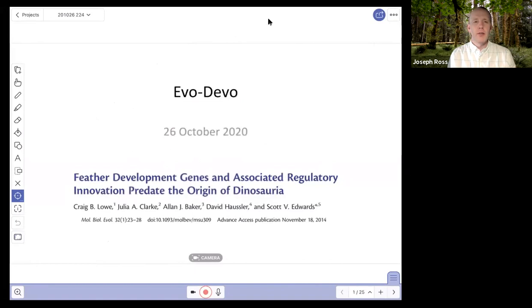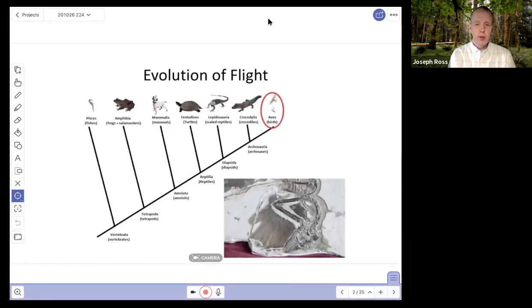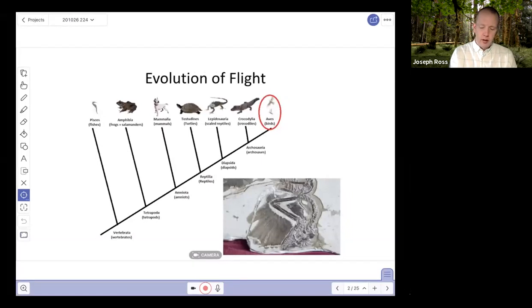About the evolutionary developmental biology of flight, and in particular, the evolution of feathers. So as you might expect, it's thought that the evolution of flight and the genes that enabled birds to fly evolved somewhere in the lineage that descends from the archosaur ancestor, which is the common ancestor of crocodiles and birds.